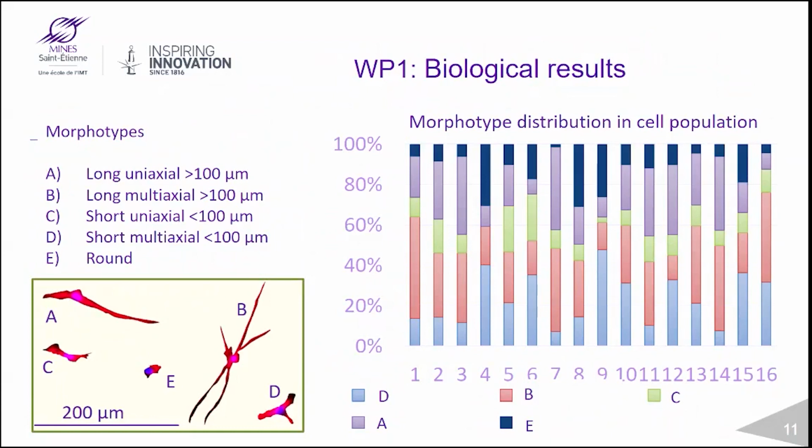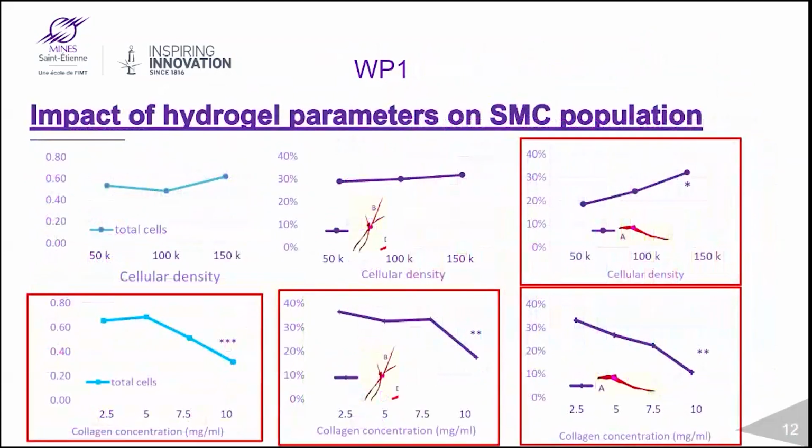So we were able to record, for each composition of hydrogel, the repartition of the different morphotypes within the population of cells. And then we observed and compared the proportion of each phenotype against the properties of our hydrogels.